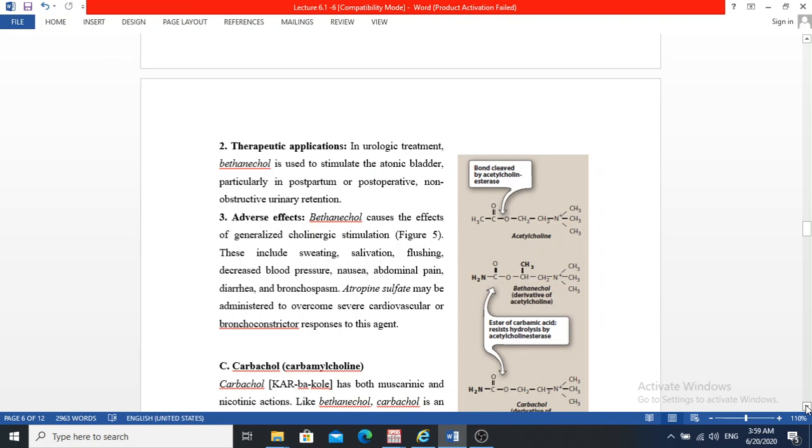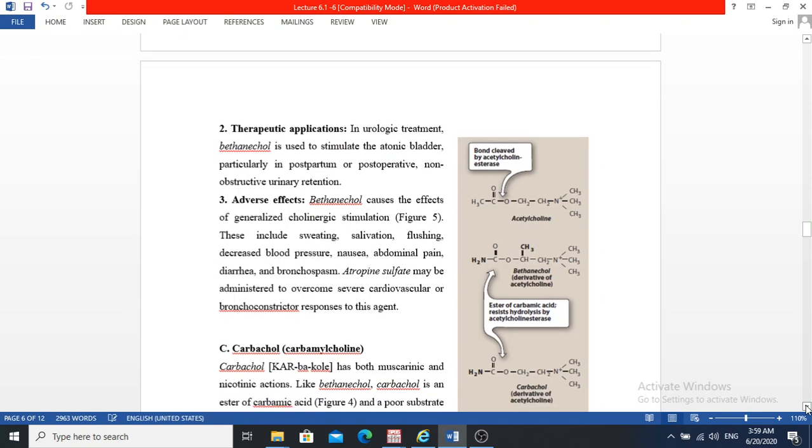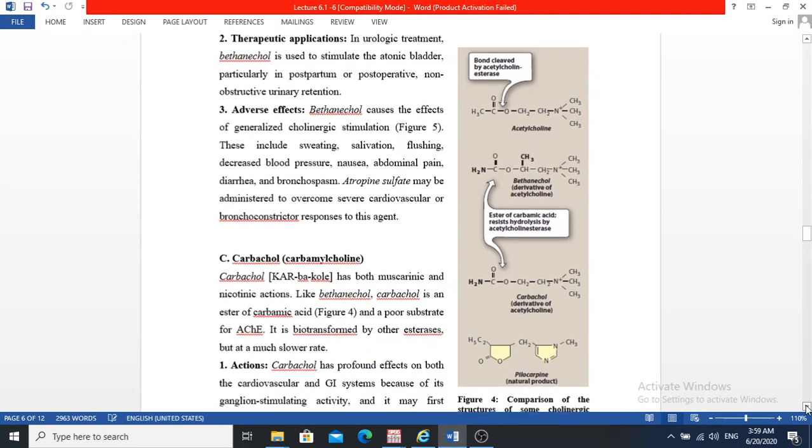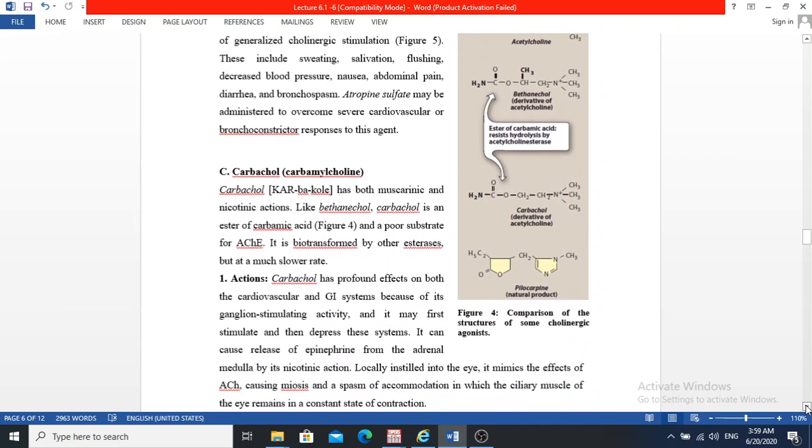It is generalized cholinergic stimulation. This includes sweating, salivation, flushing, decreased blood pressure, and abdominal pain. Diarrhea may also happen. Atropine is the antidote for this drug.